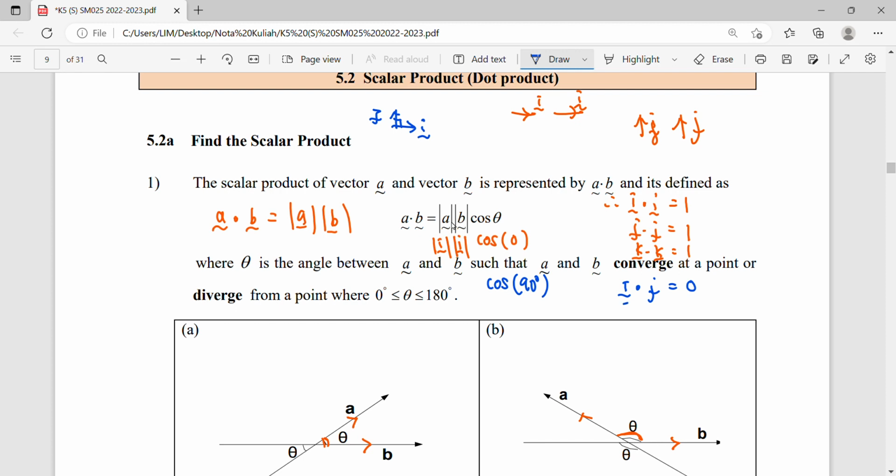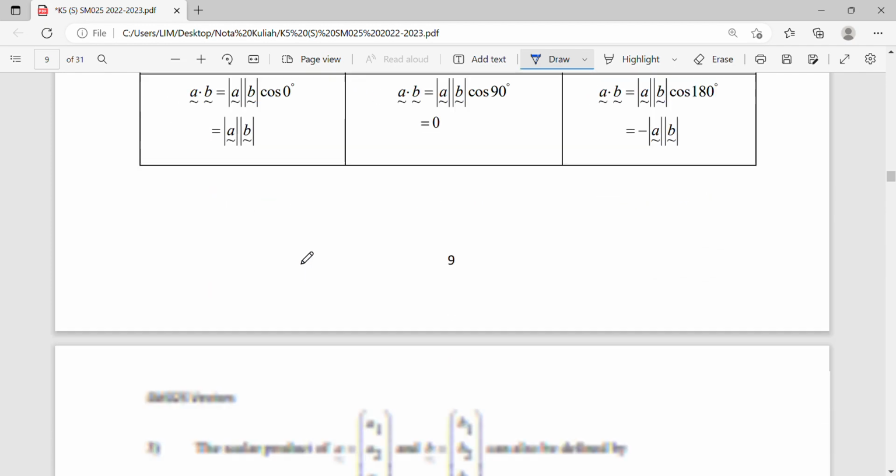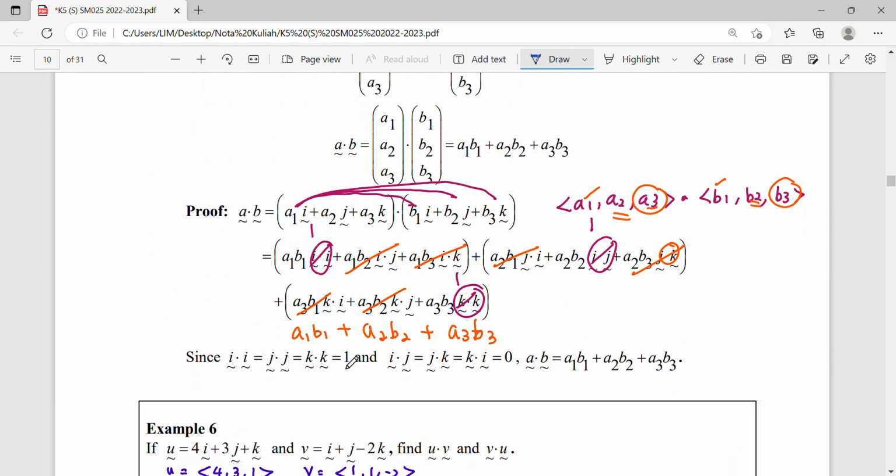Therefore i with k will also give 0, because i and k are at 90 degrees. Then j dot with k is also 90 degrees, because j is like this, then k comes out, so it is 90 degrees. So that's why we have the special properties here. You can see i with i, j with j give 1, but for i and j, those at 90 degrees, you will get 0.